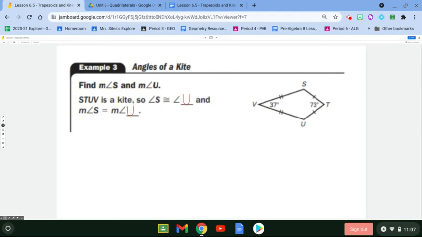So let's use what we know about the sum of any type of quadrilateral adding up to 360 degrees, and then we're going to create an equation to help us figure this out. We know right now the measurement of angle V is 37 degrees. We know the measurement of angle T is 73 degrees, and we know we have two unknowns that are exactly equal to one another.